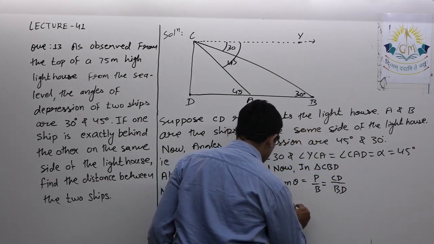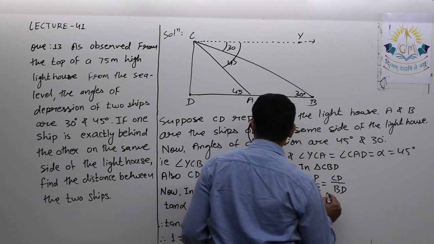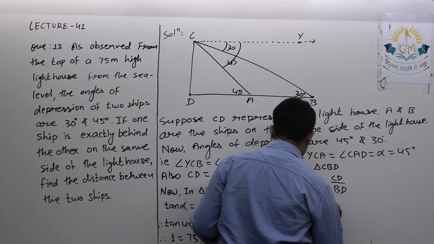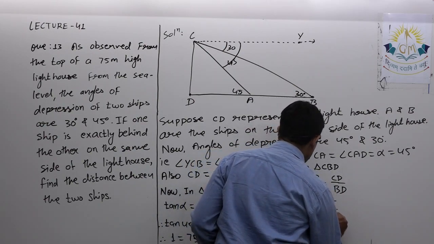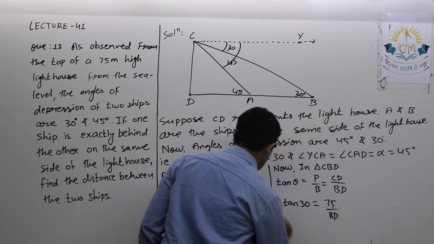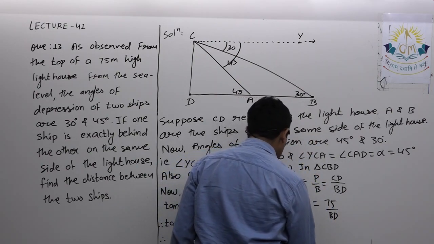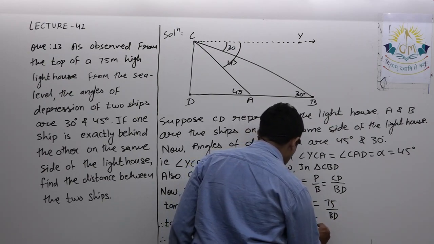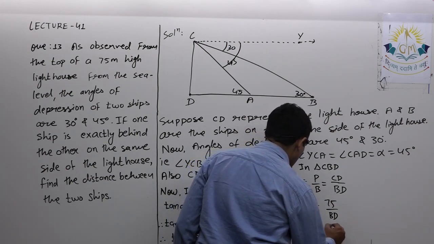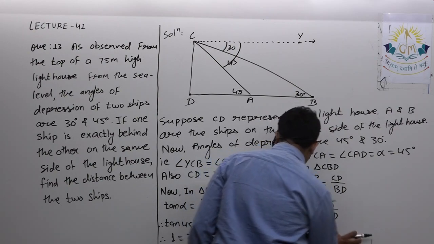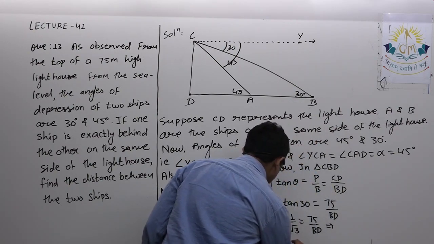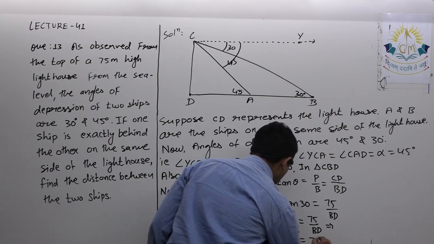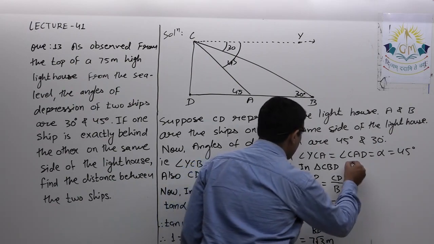Therefore tan 30 is equal to CD upon BD. CD is given to us, that is 75. BD we have to find. Now tan 30 is 1 upon root 3, which is equal to 75 upon BD. So therefore I can write BD is equal to 75 root 3 meter.